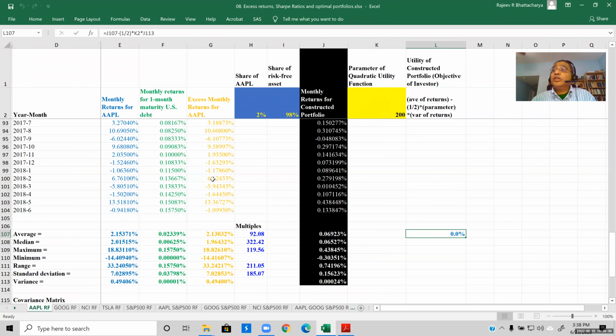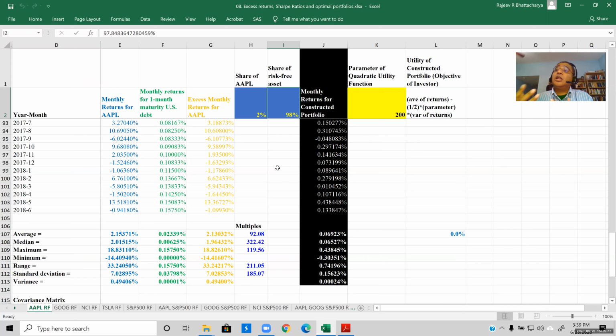Now, if you're that risk averse, you essentially only care about volatility, then you will put only 2% of your money on Apple and 98% of your money on the risk-free asset. All right. So this is what we were seeing earlier. There are corner solutions. As your risk aversion increases, you put more of your money on the risk-free asset, which is why someone like me, in my 50s, who doesn't have that many years left, is much more risk averse.